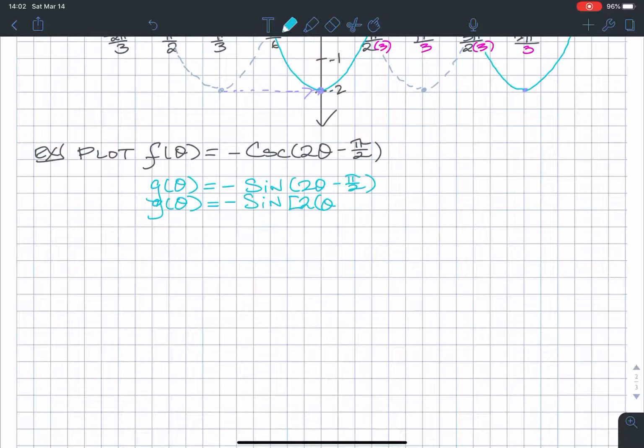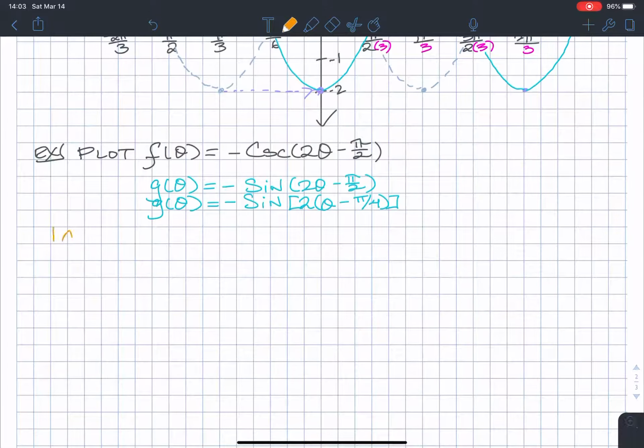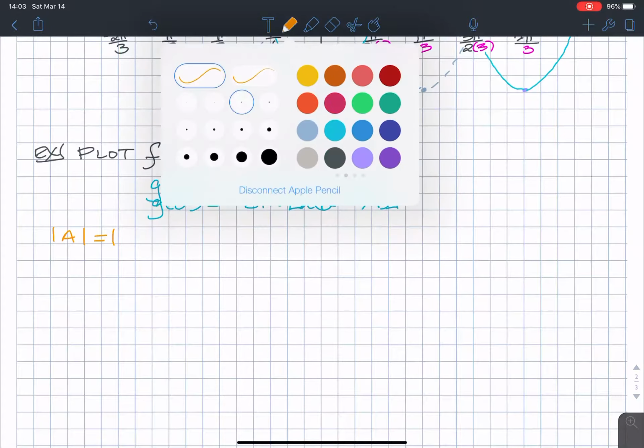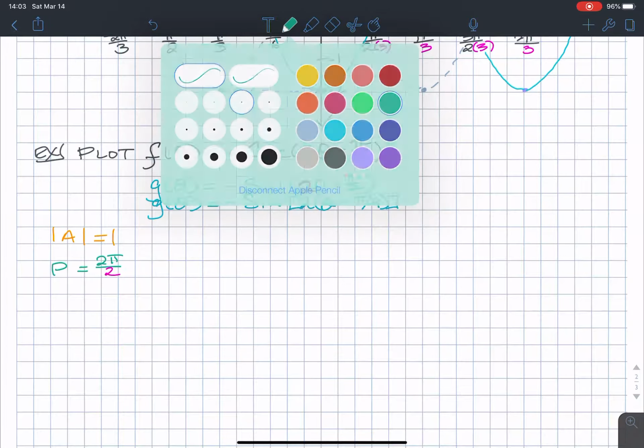This will become theta minus pi over 4. So my amplitude is 1. My period is going to be 2 pi divided by the coefficient of theta, which is 2. So that gives me a period of pi.